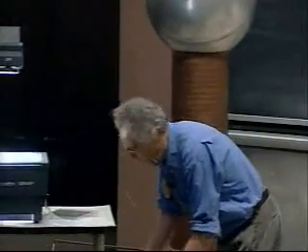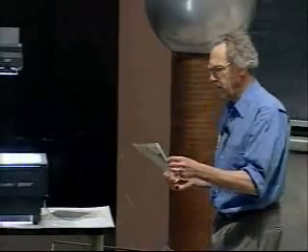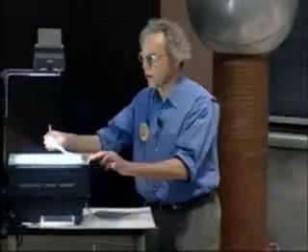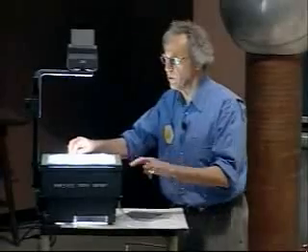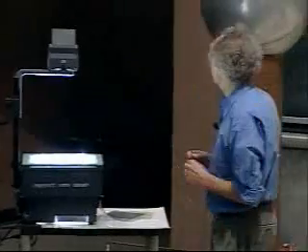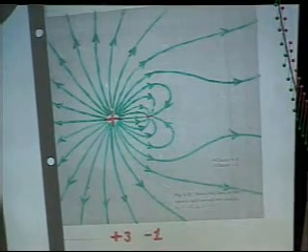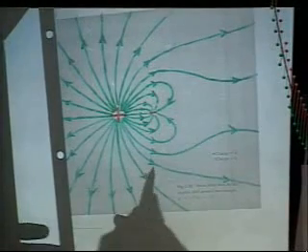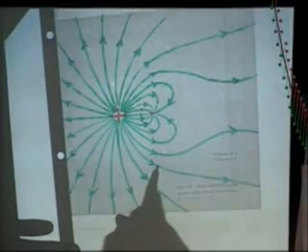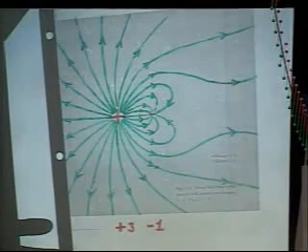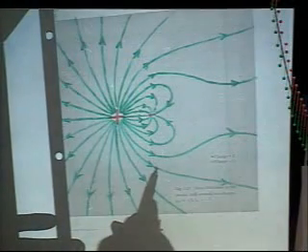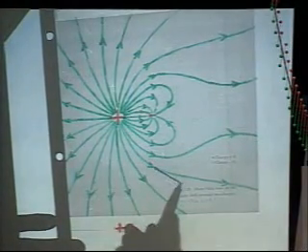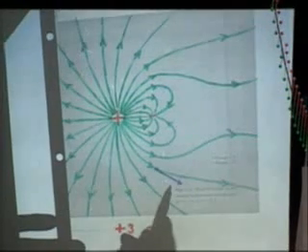Now there is another way of electric field representation which is more organized, and we call these field lines. So you see again the +3, and you see there the -1. If I release right here, or I place here, a positive test charge, all I know is that the force will be tangential to the field lines.